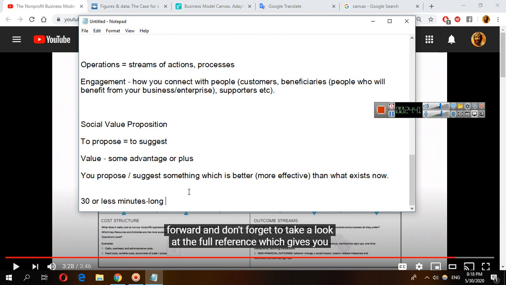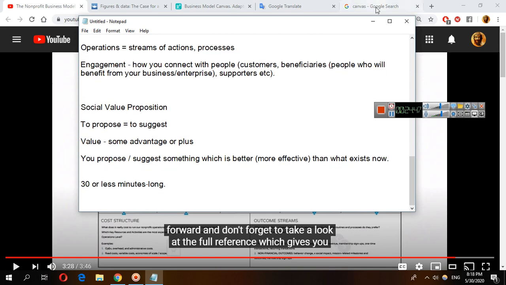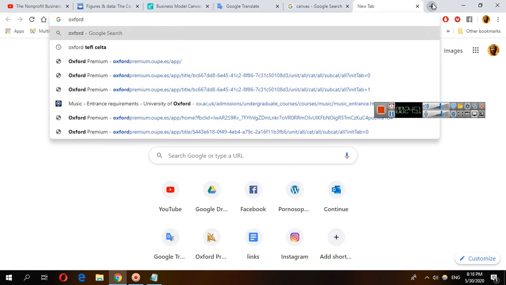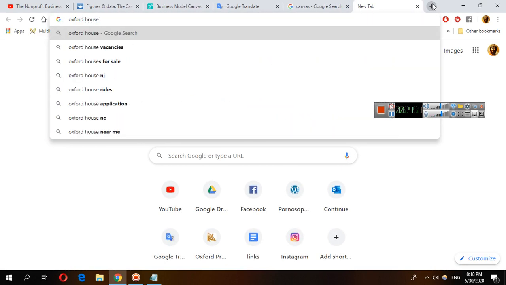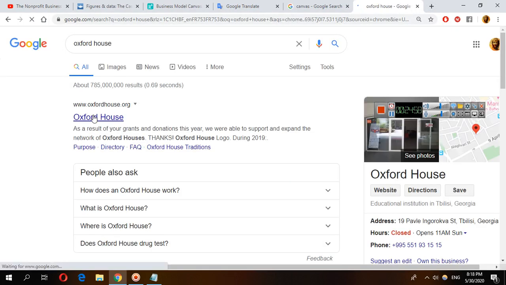And recently I got my certificate from Oxford House. Right, it's from Spain, right? Yes.